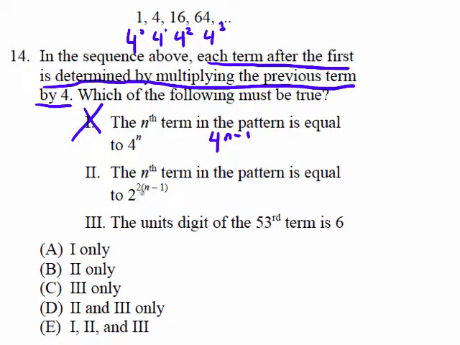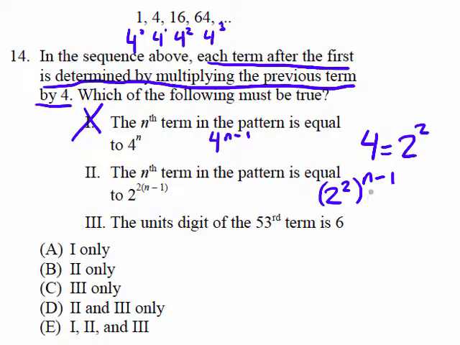That unlocks the second Roman numeral, because if we know it's equal to 4 to the n minus 1, well, then we can rewrite 4, right? 4 is also 2 squared, right? So we can do a little substitution here. This is 2 squared to the n minus 1 for the nth term.